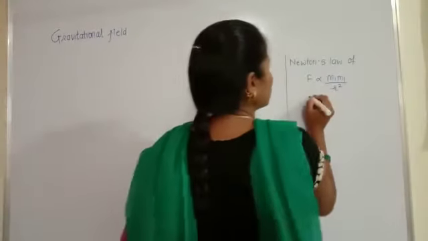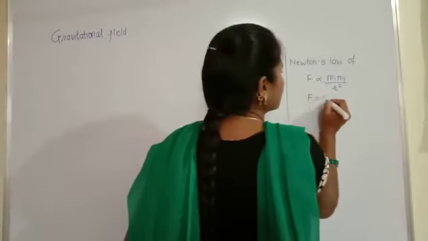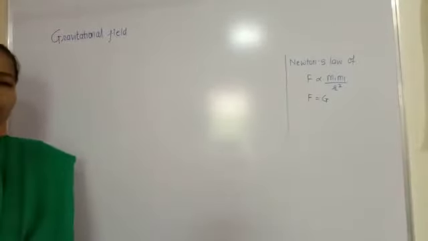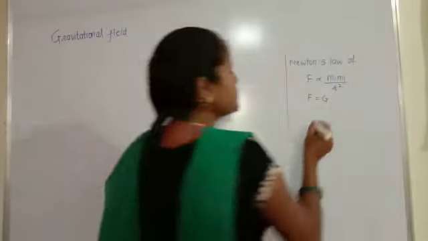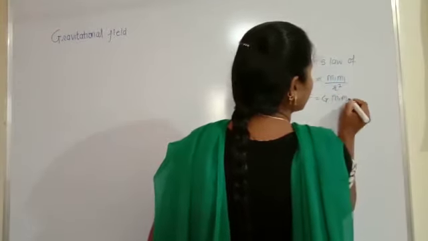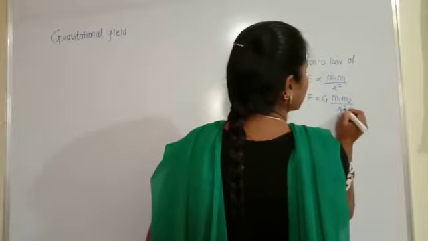So if we remove this proportionality sign, we get F is equal to G, where capital G is the constant of proportionality known as the gravitational constant. F is equal to G m1 m2 divided by r square.